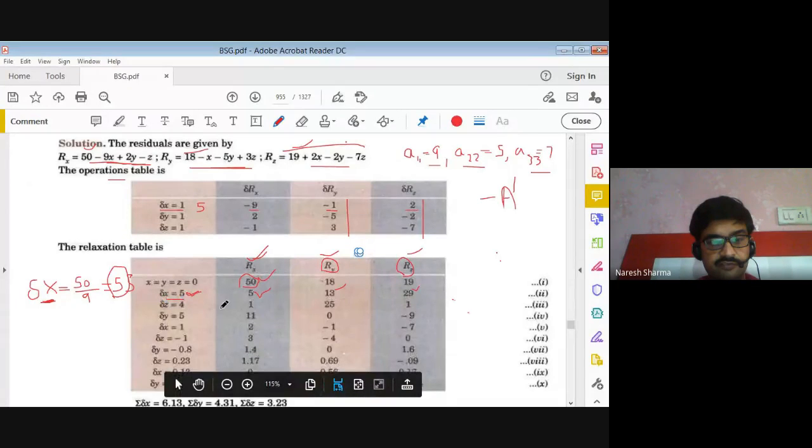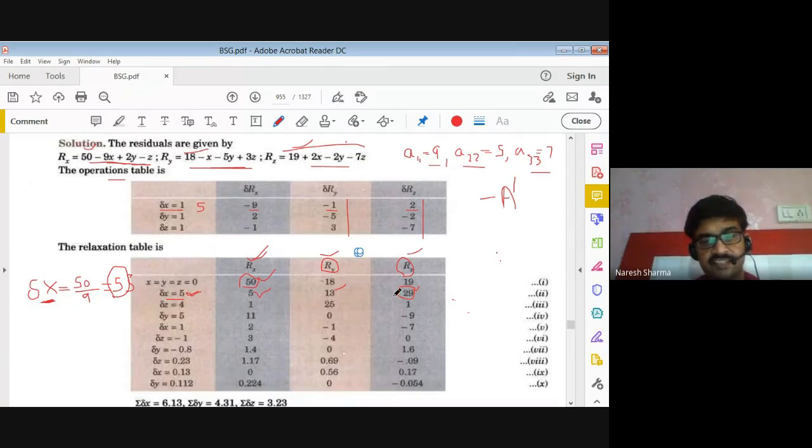Now you see here this 29 is the maximum value out of these three, 5, 13, and 29. So we choose this next. We try to reduce this residual belonging to the z variable, that is rz residual.